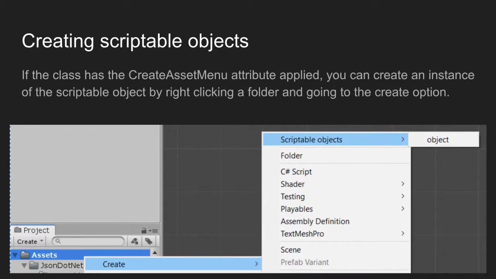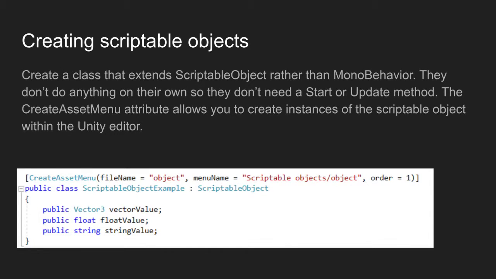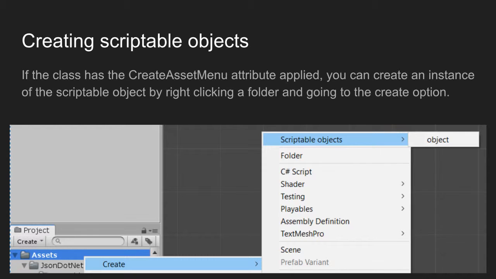And yeah, you just right click a folder, create, and whatever path you specify. Like for example, this one I did scriptable objects / object, and it's there, scriptable objects object. There it is.